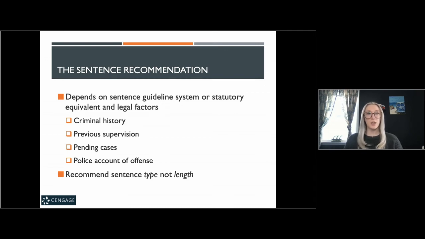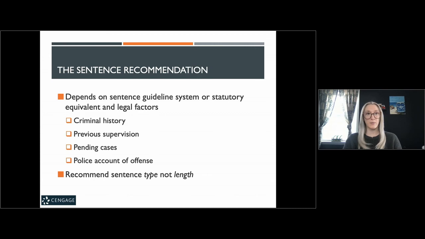So the recommendation is going to depend on your sentencing guidelines and/or your statutory equivalent and legal factors. So you're going to need to look at these different factors here. The criminal history: have they previously been under supervision? Do they have any pending cases awaiting an outcome? And what is the police account of the offense?